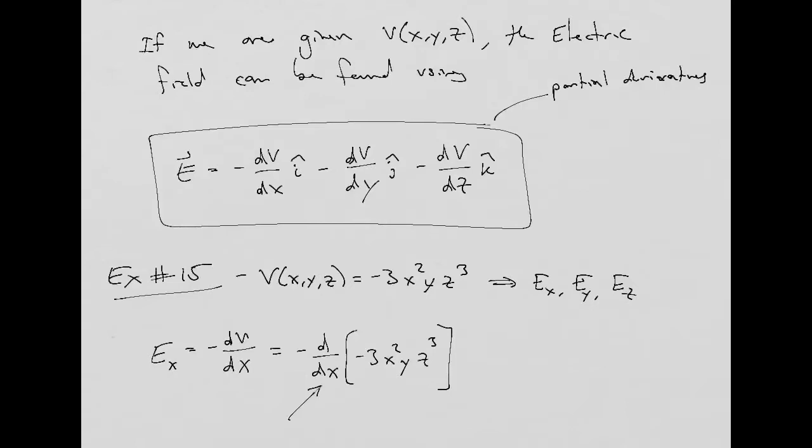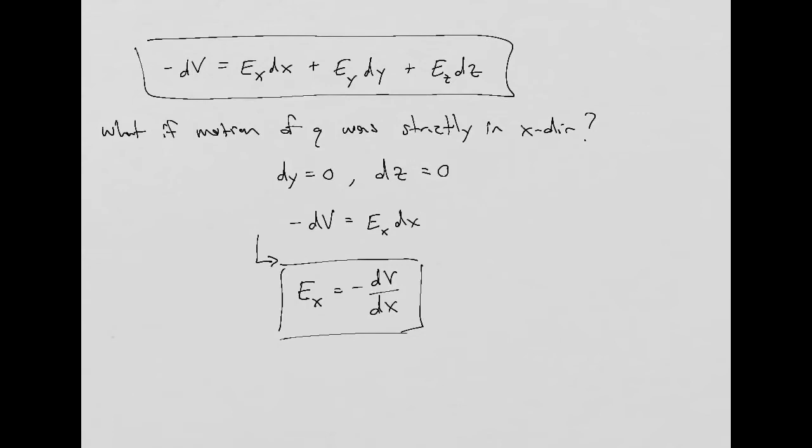In this case, it's x. All other variables are treated as constants. So we assume when we're taking the derivative with respect to x, y is a constant and z is a constant, and so is 3, obviously. And that's exactly what we assumed back here. We said, what if the motion's only in the x direction? Y is a constant, 0, and z is a constant, 0.